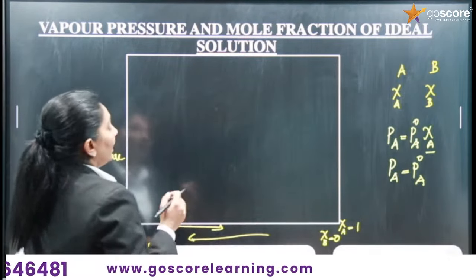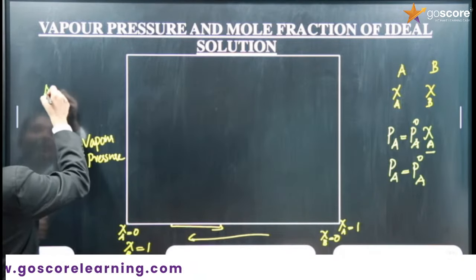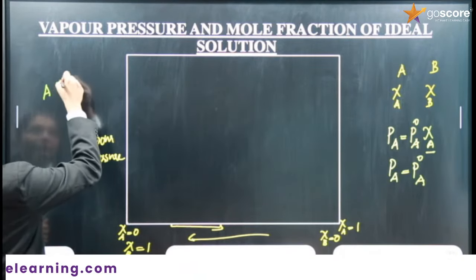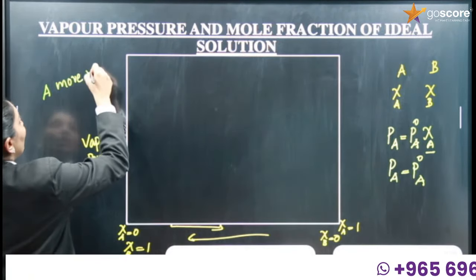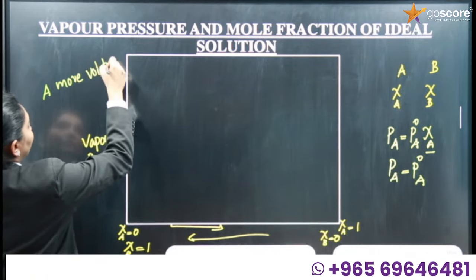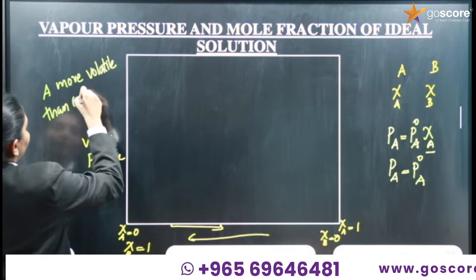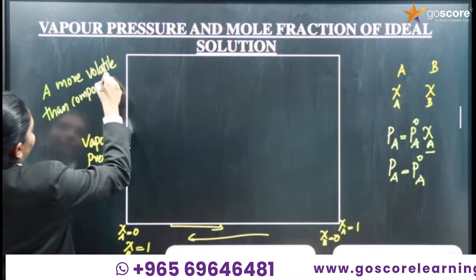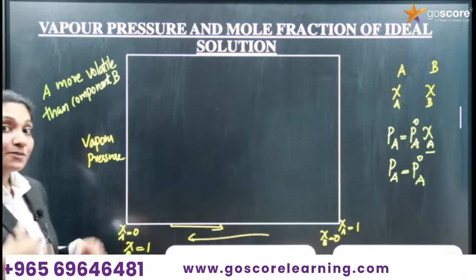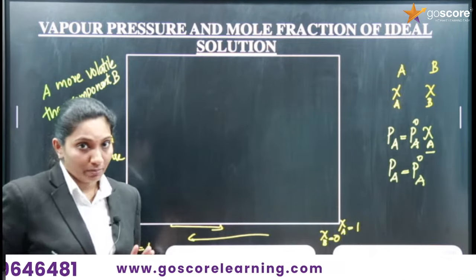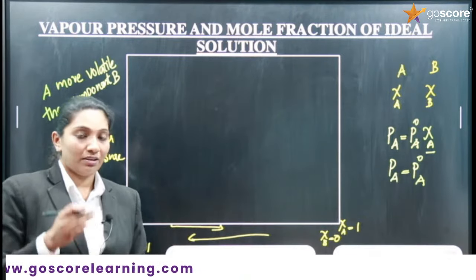For this graph, I am taking the first component, A, as more volatile. The condition is that component A is more volatile than component B. If component A is more volatile, its vapor pressure due to the pure component A will be higher than that of B, right?